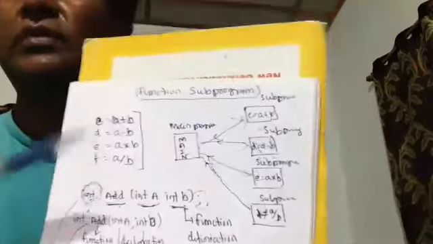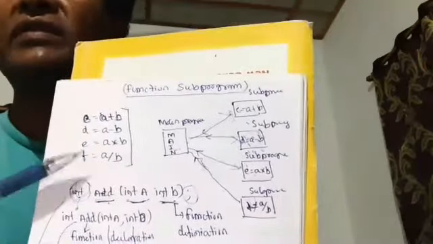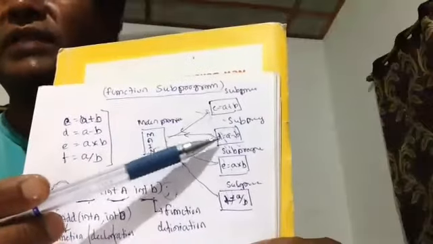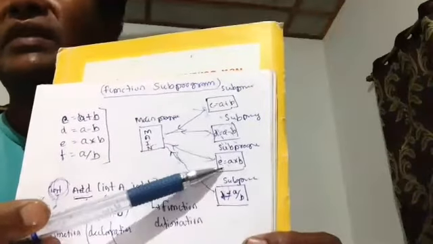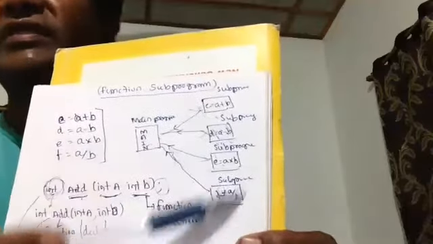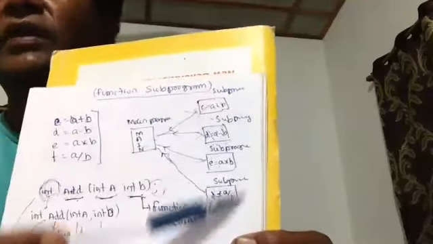Now, consider the example: addition of two numbers, subtraction of two numbers, addition, subtraction, multiplication, division. I make an addition subprogram, subtraction subprogram, multiplication and division, and I call them in the main program. So in this program, what is the variable input?